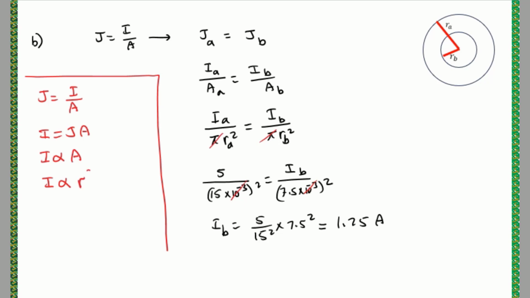It is also proportional to r squared, since area is a function of r squared. So we can write the current is proportional to r squared. So I across B divided by I across A equals r across B divided by r across A, all squared.